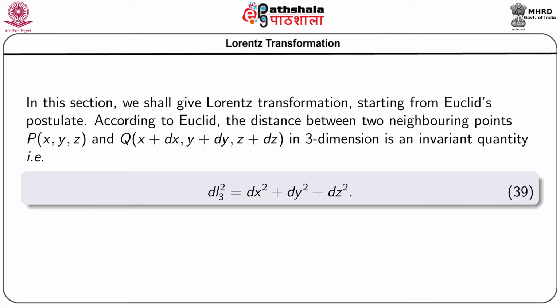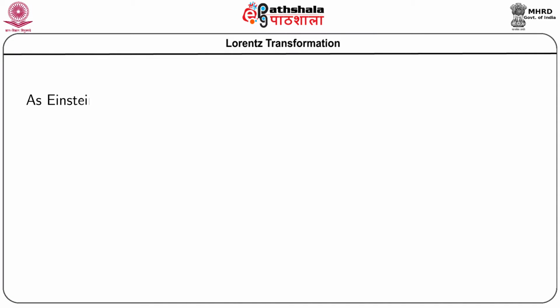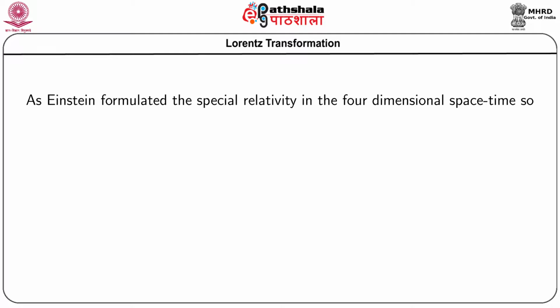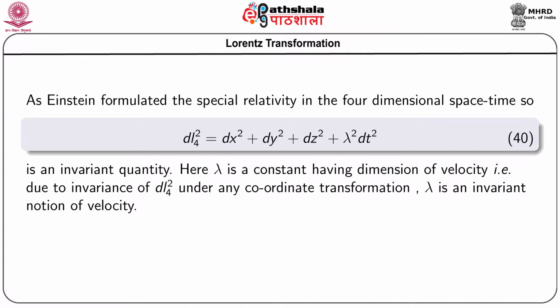In our previous chapters we have discussed this: dl square equals dx square plus dy square plus dz square. Now, as Einstein formulated the special relativity in 4 dimensional space time, we can consider dx square plus dy square plus dz square plus lambda square dt square, and it is an invariant quantity, where lambda is a constant having dimension of velocity.